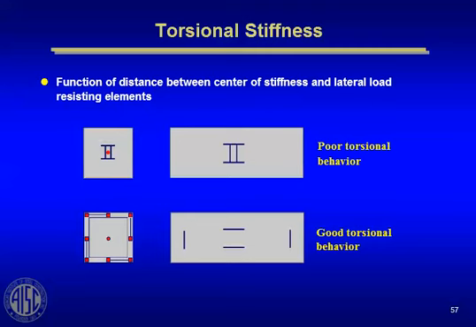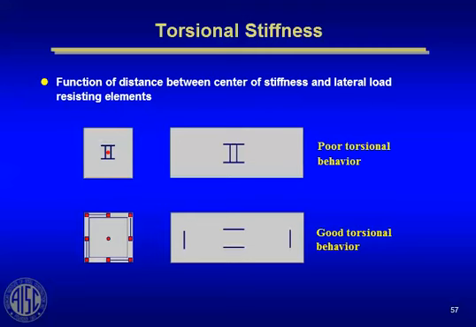Now, here's good and bad examples of torsional requirements. Poor torsional behavior will be the one on the top, where all the torsional resistance is in the middle. Good torsional behavior is when you put some of that lateral load resistance on the perimeter of the building and distribute it around the building, not all in the middle.